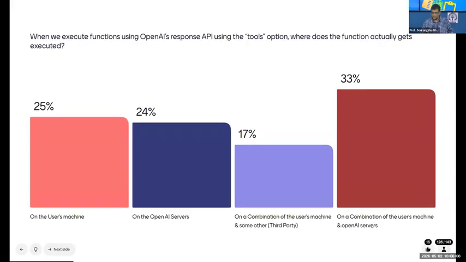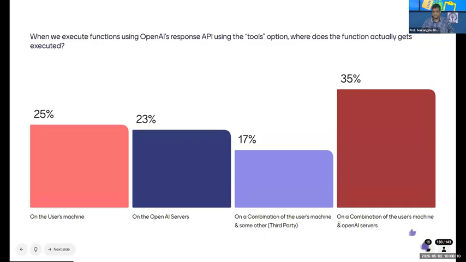It depends. First of all, it doesn't get run on the OpenAI server. The fourth option is not correct because what happens on the OpenAI server is that the JSON object, if you remember, gets generated, which has the parameters to the function call.